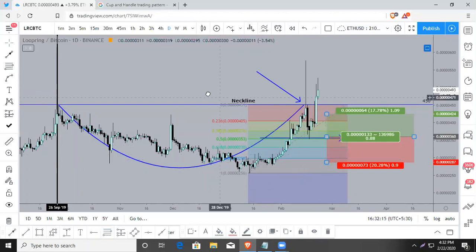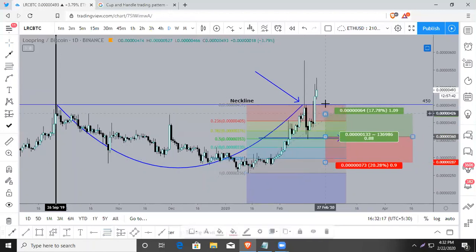And what will be my target? My first profit target would be at the neckline. When we trade, we should always know that we should always pay ourselves, right? So we should always book our first profit, or at least some position, and your risk reward will be at least 1 if you take it at the neckline.